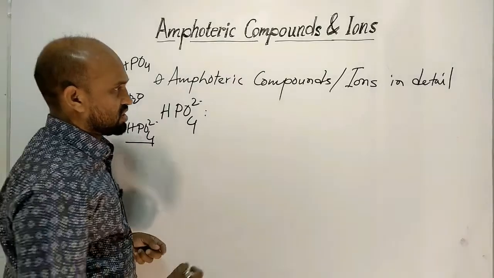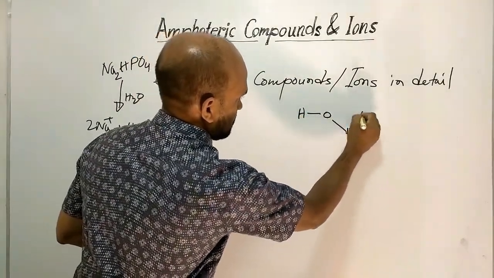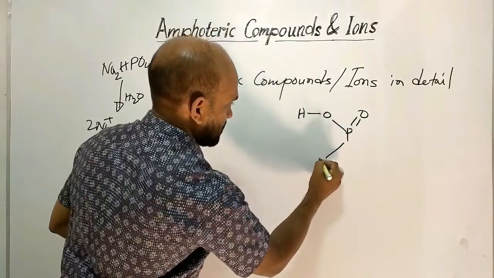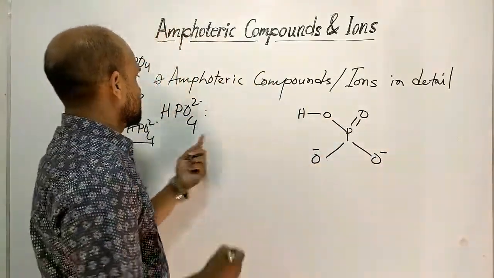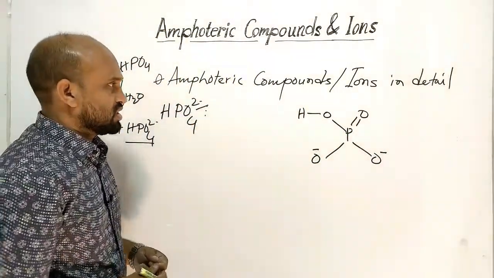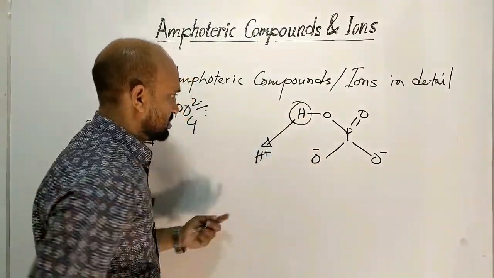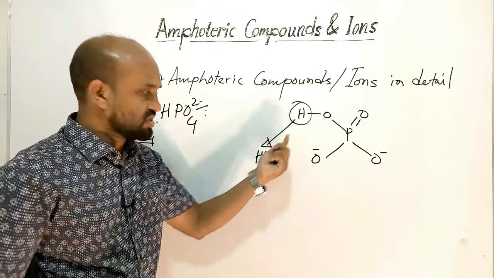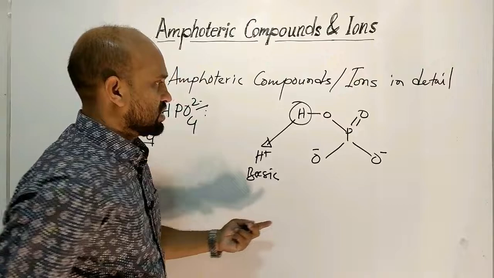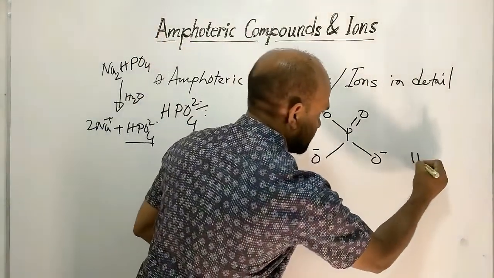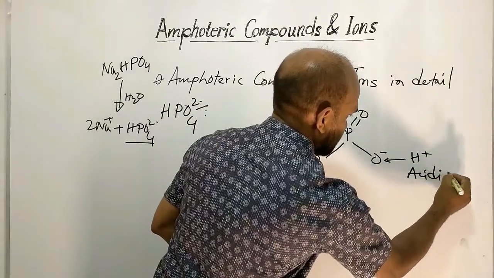First of all, let's see the structure formula of this ion. Here oxygen minus and another oxygen minus, 2- charge. This hydrogen acts as acid. This hydrogen is freed as a proton in basic medium, and this oxygen binds a proton with itself in acidic medium.